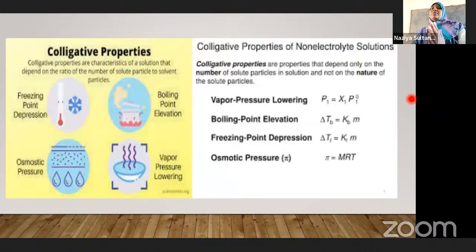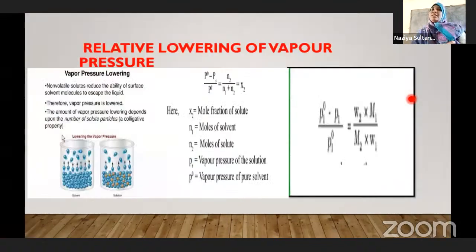Relative lowering of vapor pressure is the ratio of lowering of vapor pressure to the vapor pressure of the pure solvent, and that is equal to the mole fraction of the solute.